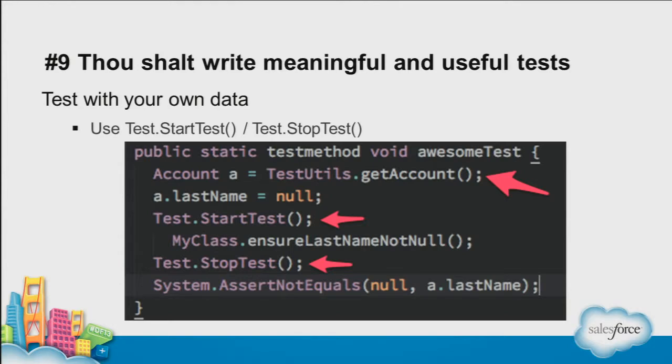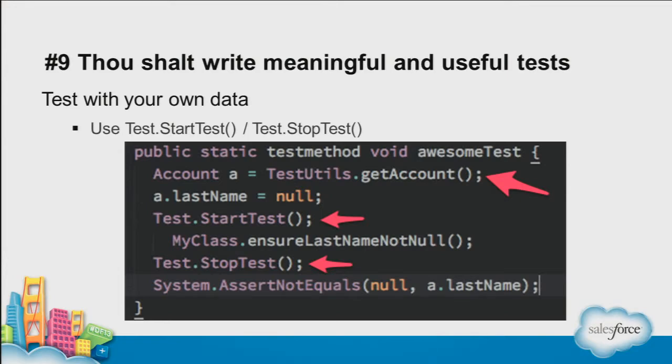It's a static method. So with A, if I'd put A in parentheses there, it should throw an exception because A.last name is null. And I'm then going to assert after my stop test is run that my last name is not null, because that's what the method implies it does.